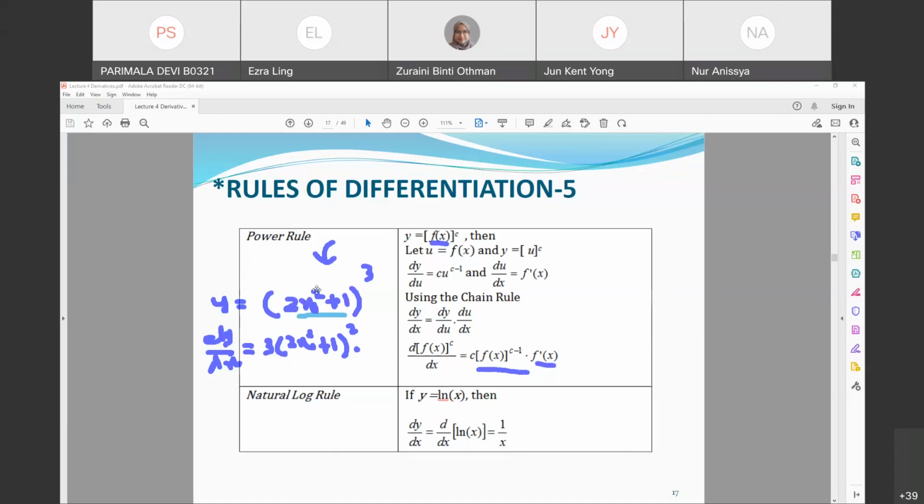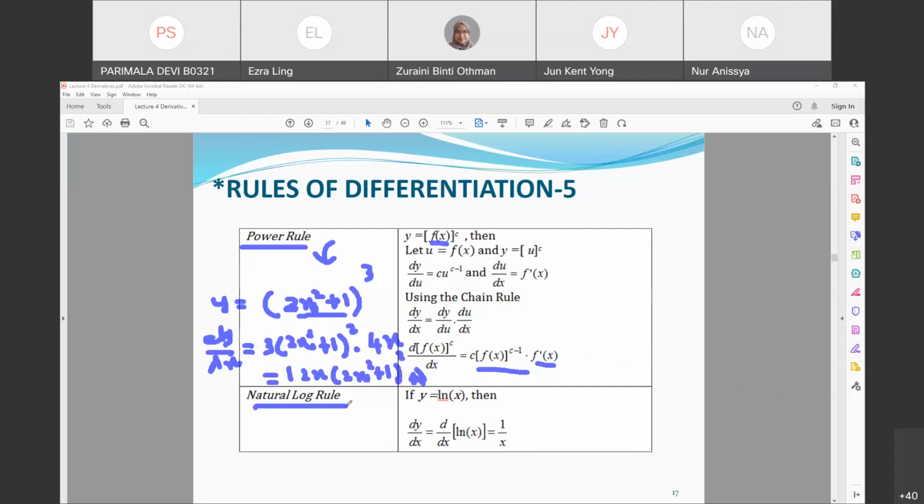Okay, so 2x kuasa 2 tambah 1 bezakan dia dapat berapa? Okay, so kita boleh selesaikan equation ni. Dia dapat 12x and it is 2x square plus 1 power of 2. Okay, this is the final answer. This is what the power rule is all about.